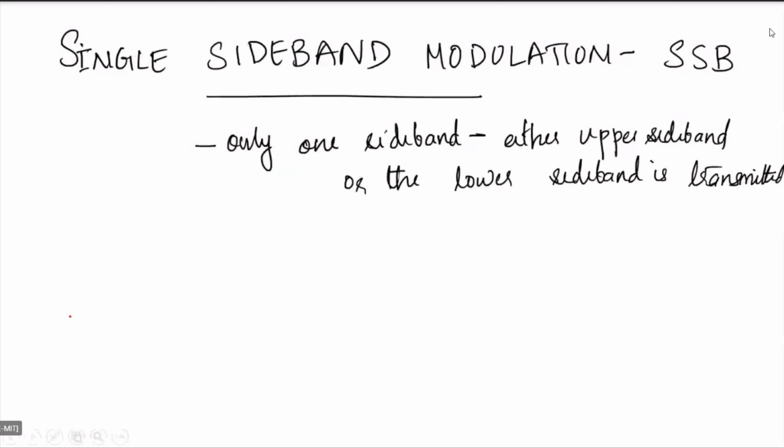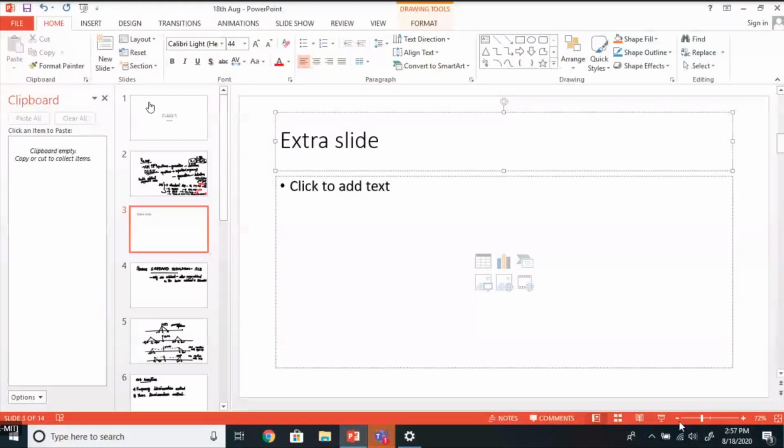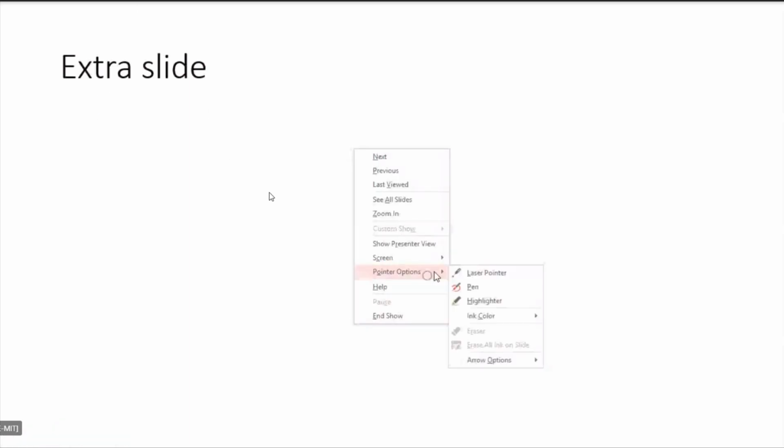Actually, it was not the phase reversal alone which was a problem for us. So here in AM, what was the issue? Basically, more power?